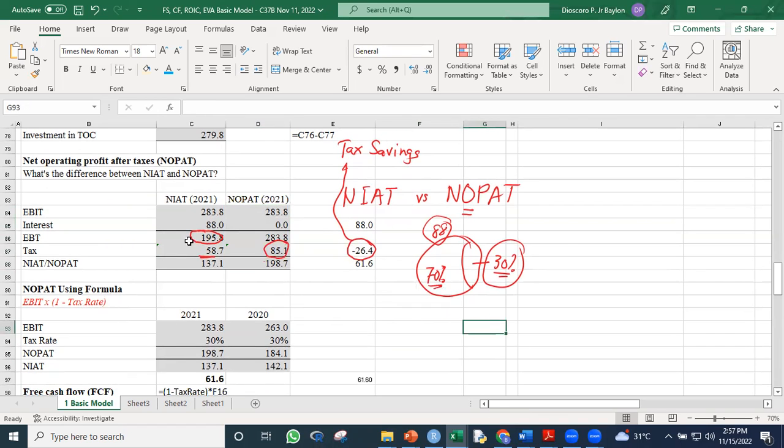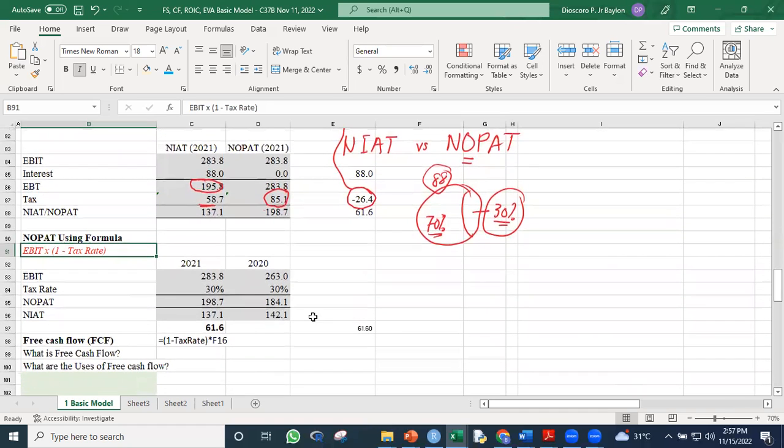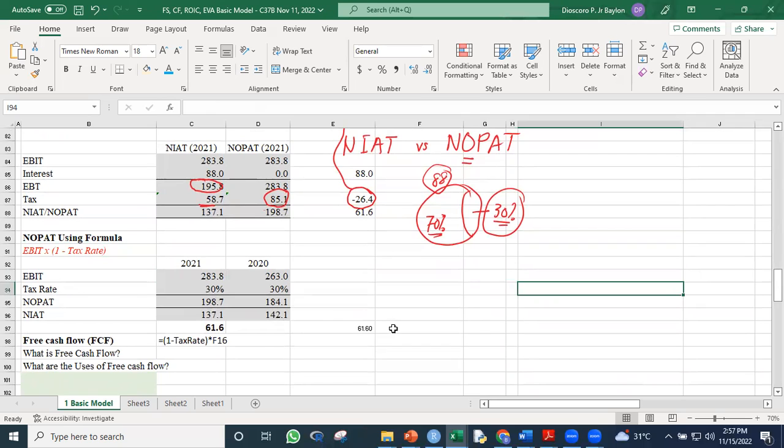So to get the shortcut for NOPAT, we don't have to go through this. We just subtract from your EBIT the component, EBIT times 1 minus tax rate. So we have here your EBIT, your operating profit, and then your tax rate.